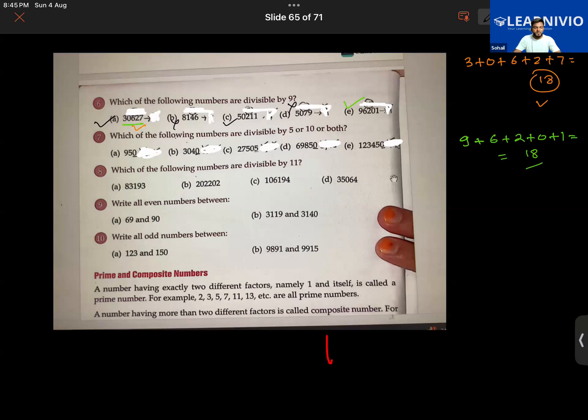Very good. So simply look at the given numbers. If it is 0 or 5, then it will be divisible. Okay, what about option A? It is divisible by 5 and 10 both. For 10, the unit digit has to be 0. So yes, it is divisible by both. Okay, next.